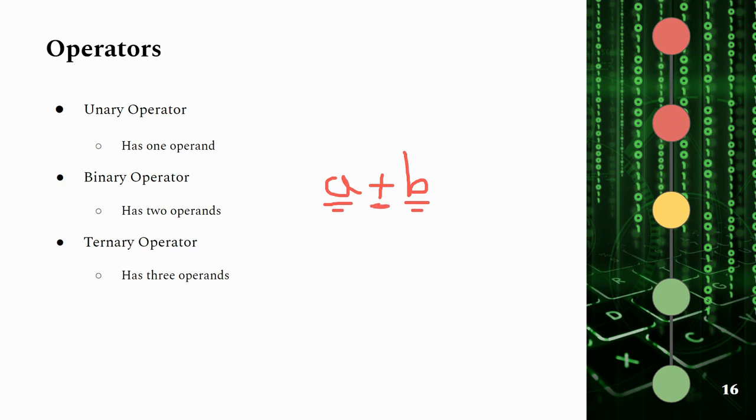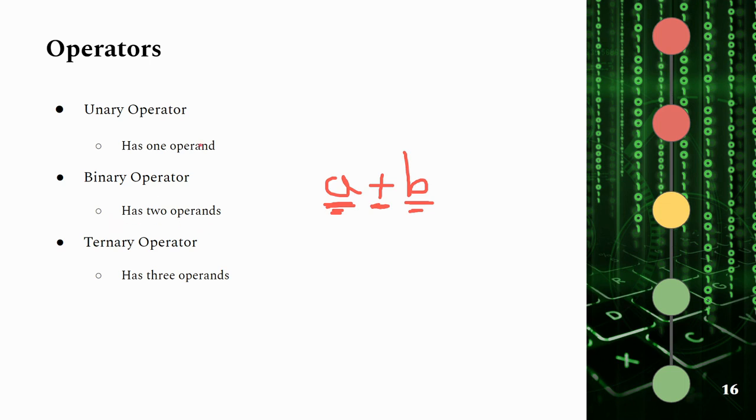This is the main relation between an operator and an operand. The addition sign has two operands, A and B, and in order for the addition operator to work, it needs at least two operands, one on each side. So addition is a binary operator because it needs two operands.